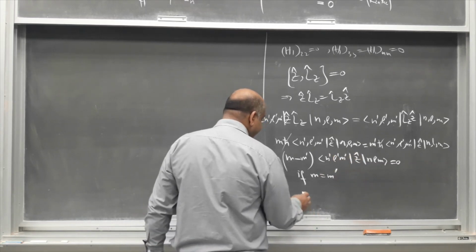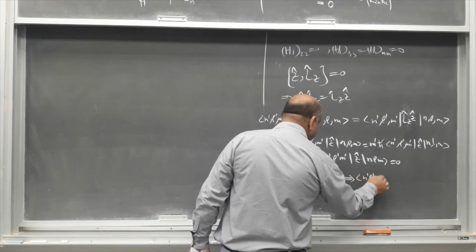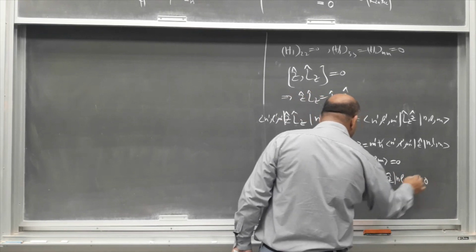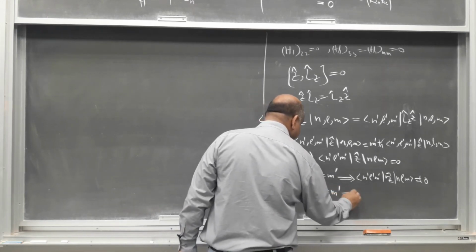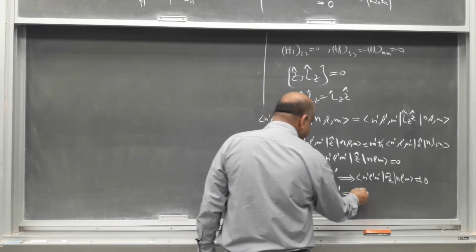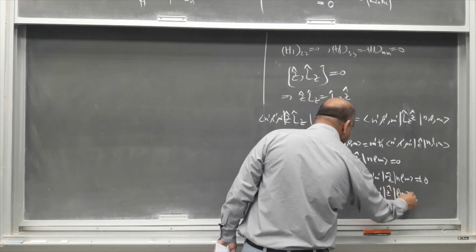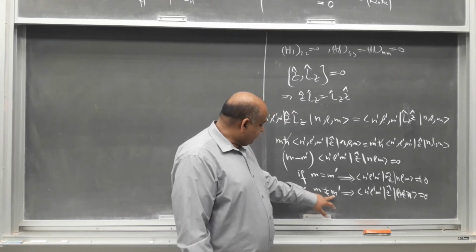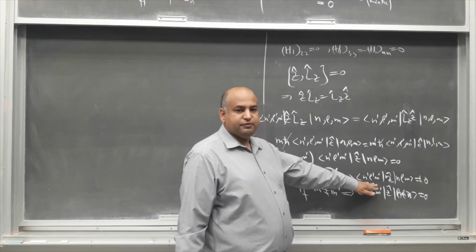However, if m is not equal to m', that is, the m's are different, then this matrix element is definitely 0. So when m's are different, this is definitely 0. But when m's are the same, we have to evaluate.